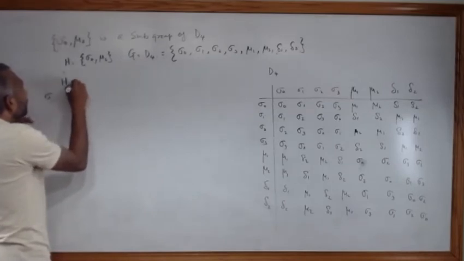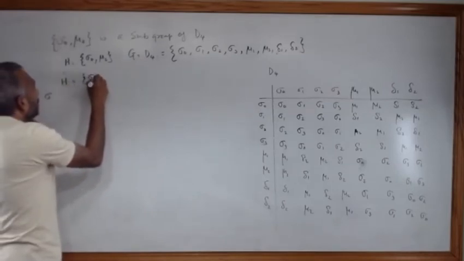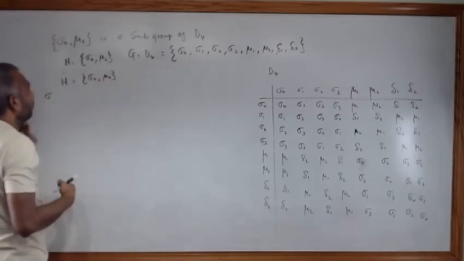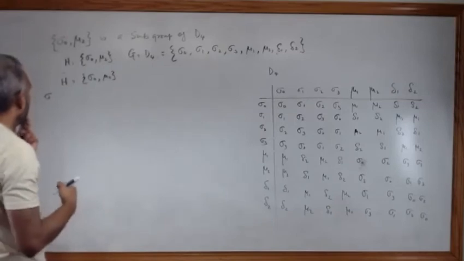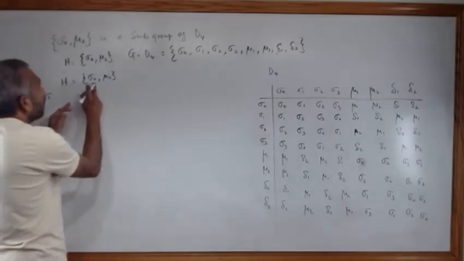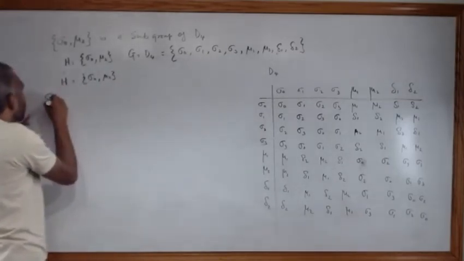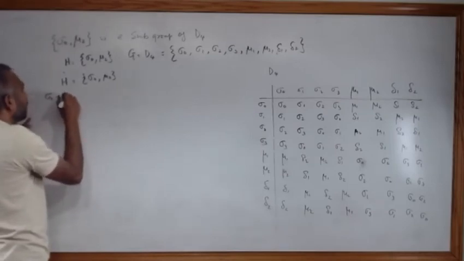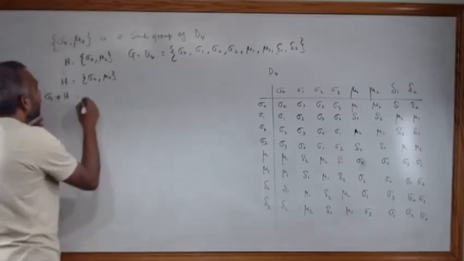So this is actually equal to sigma 0, mu 2. That is the same as the subgroup. So the next one is going to be sigma 1 plus H.